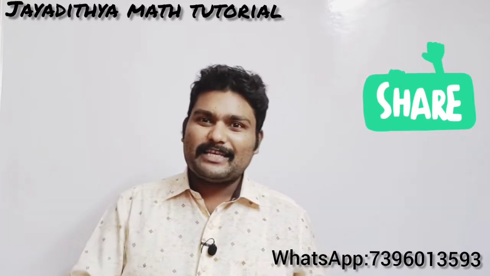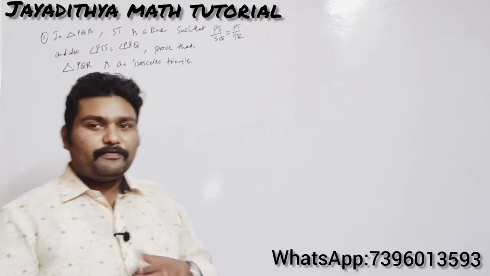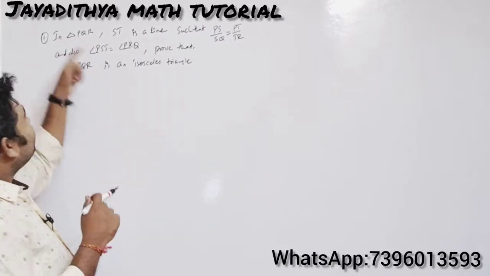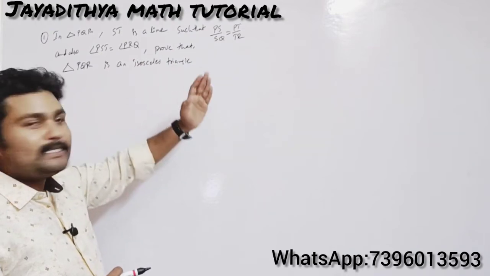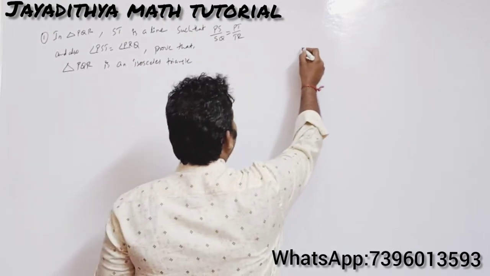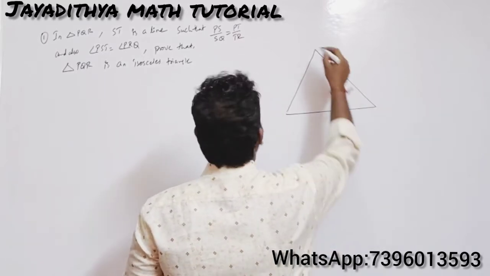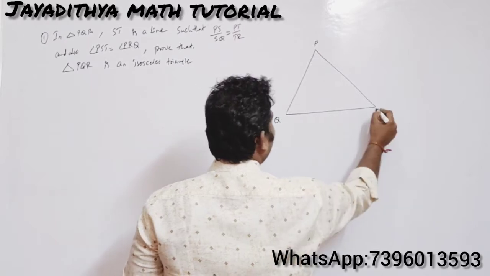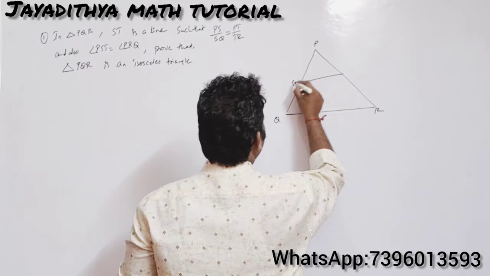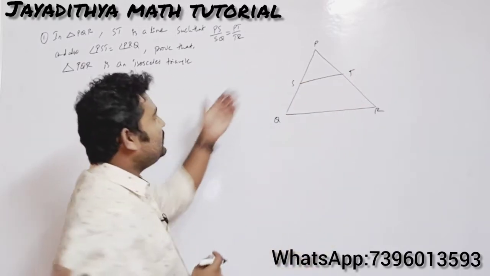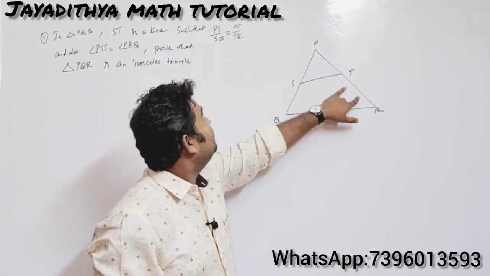Let us get into the exercise 1 of your similar triangles chapter. Right, see here, this is your first problem of your first exercise. In triangle PQR, ST is a line such that PS by SQ is equals to PT by TR. So see here, he has given a triangle. The triangle is PQR, and you have ST is a line such that PS by SQ is equals to PT by TR.